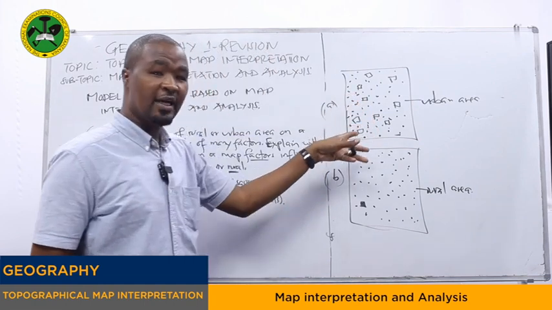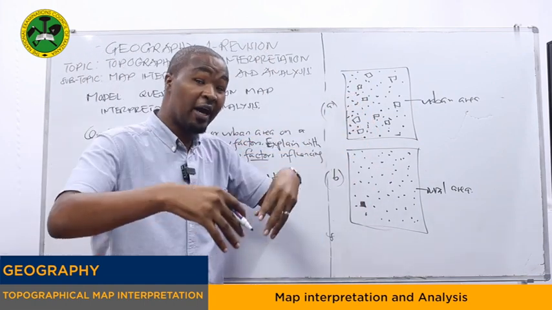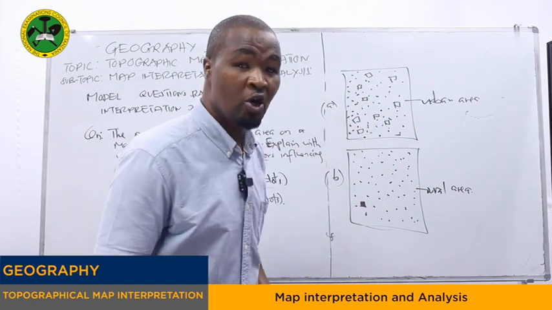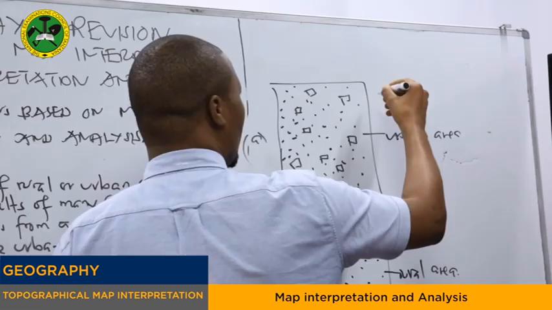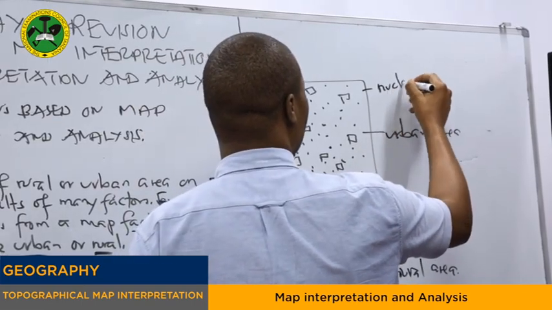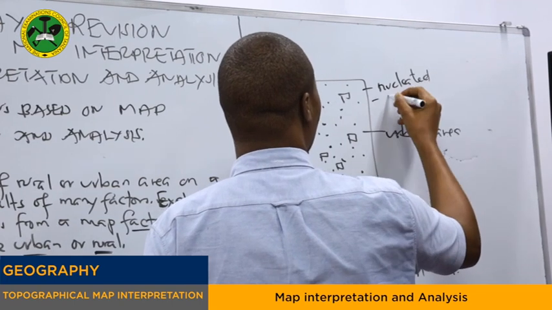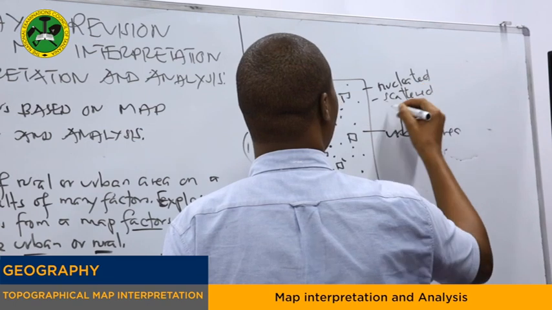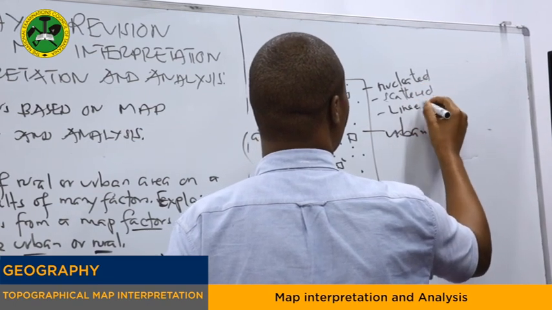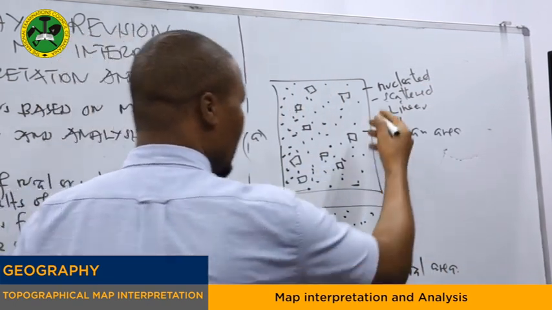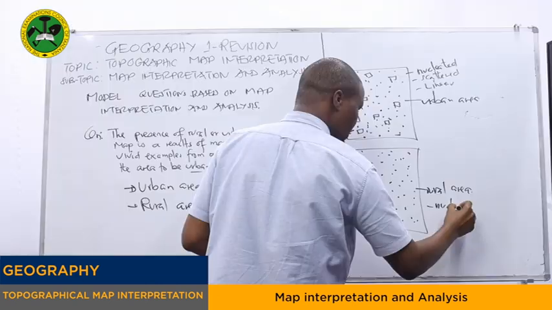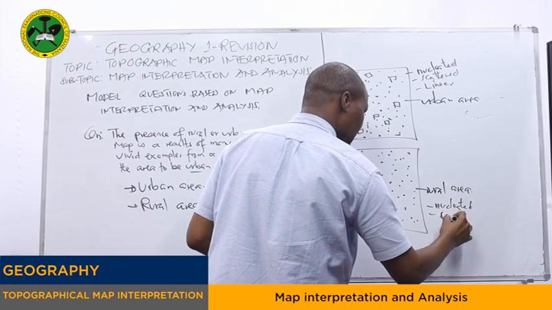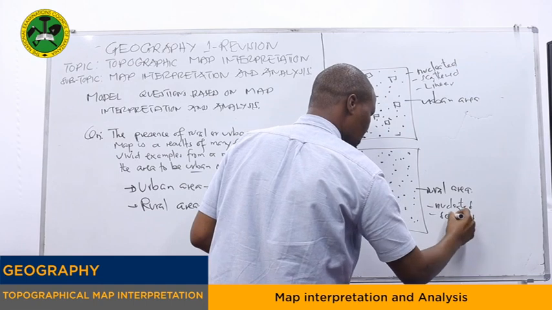So in either urban or rural area, we may find some types of settlement. In rural areas, we may find nucleated, scattered, and linear settlement.